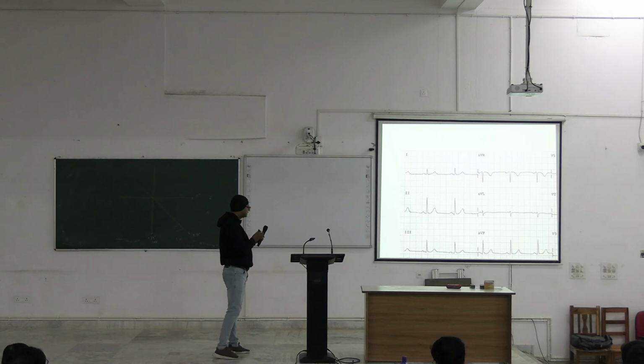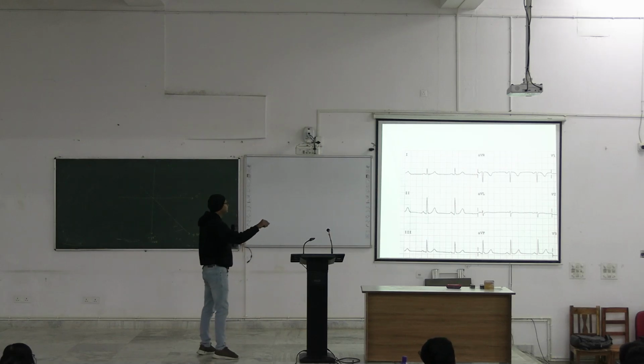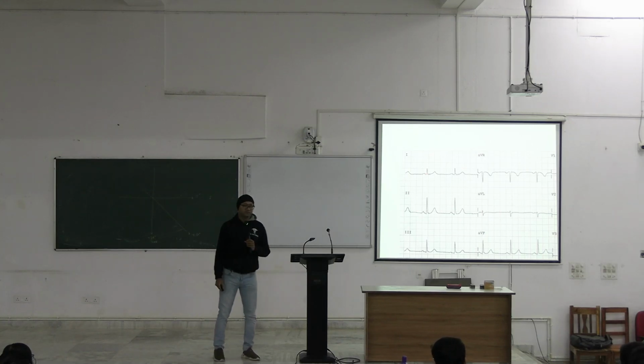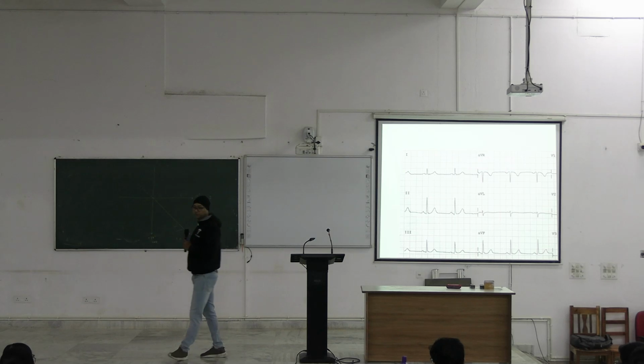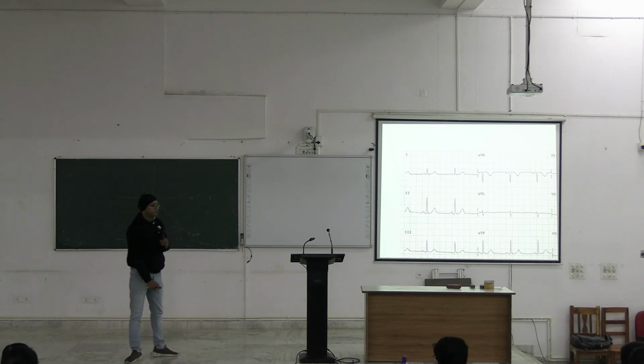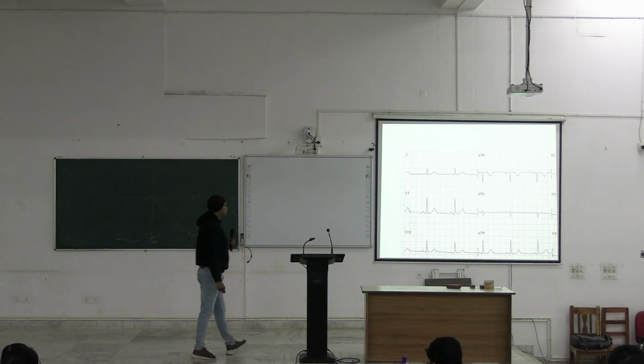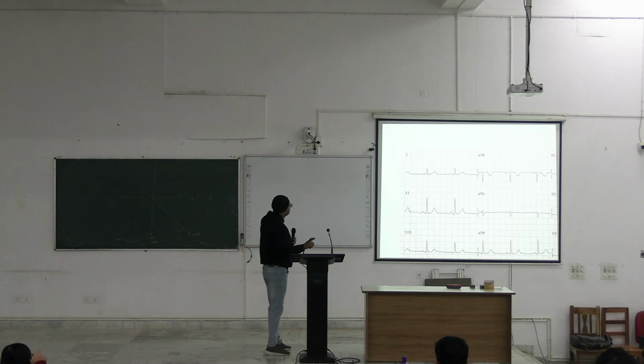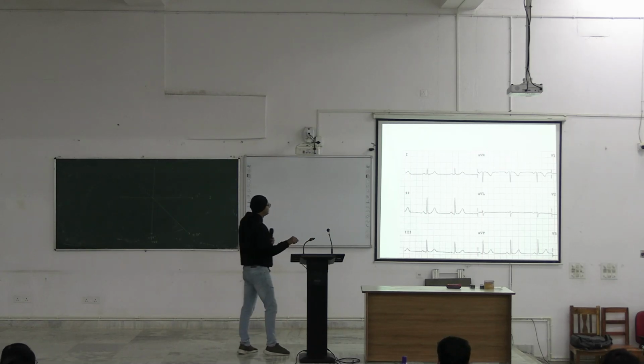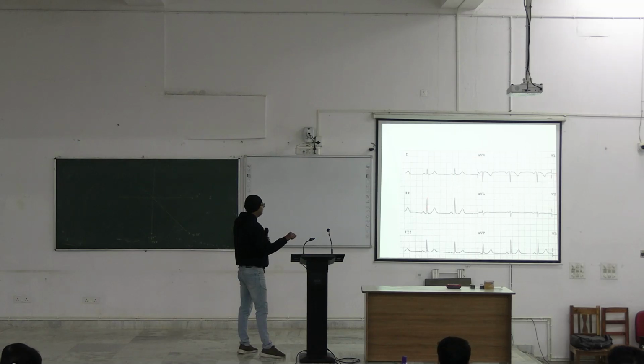So, let us check the height of QRS complex in lead 1. Yes, it is 5 small squares. Everyone agrees it is 5 small squares. Now, QRS complex in lead 2. How many small squares? 5, 5, 10, 11, 12 almost.